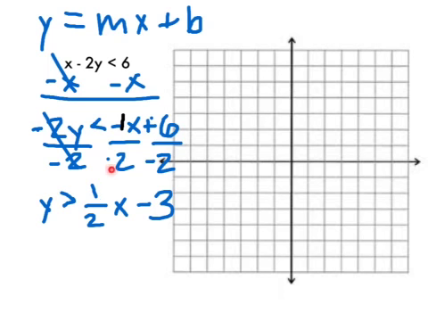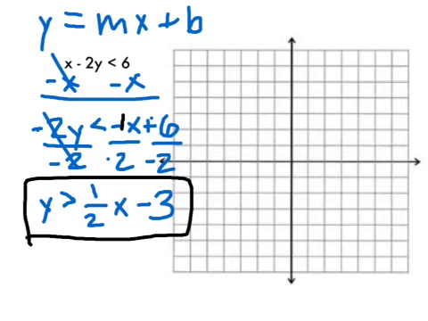This fraction simplifies to positive 1 over 2. We can pull the x on the outside, as you see in y equals mx plus b, the m and the x are separate. That's what we want. And then 6 divided by negative 2 simplifies to negative 3. So this right here is the equation that we're going to be graphing.